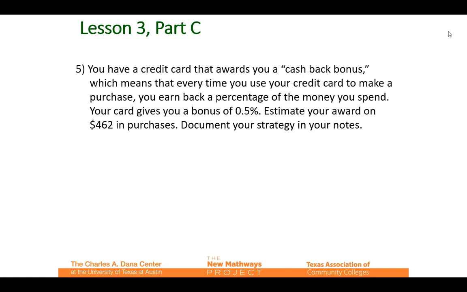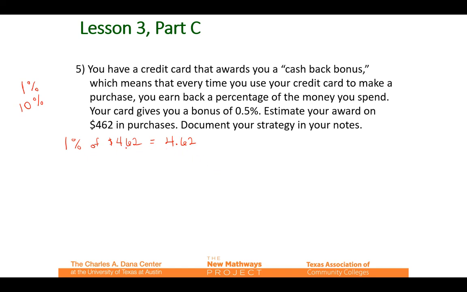All right. There are certain percentages that are really easy to calculate, and the ones that are easiest to calculate are 1% and 10%. A lot of times I can figure out other percentages just using that. In this case, 1% of $462 is $4.62.